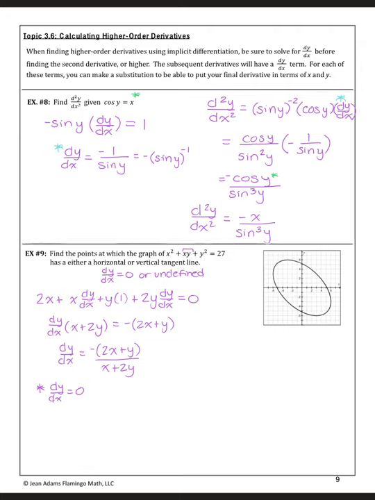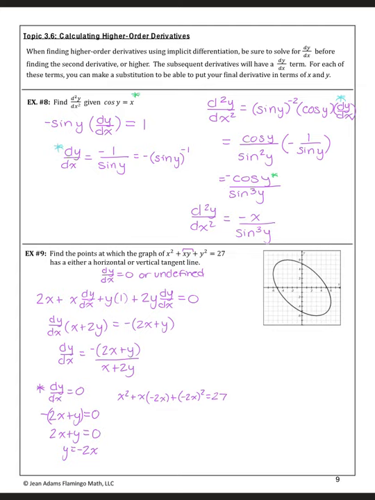If the derivative is equal to 0, that means the numerator is equal to 0. So I would get 2x plus y is equal to 0, which means that y equals negative 2x. I can plug in this value into my original equation to get x. So x squared plus x times negative 2x plus negative 2x squared is equal to 27.